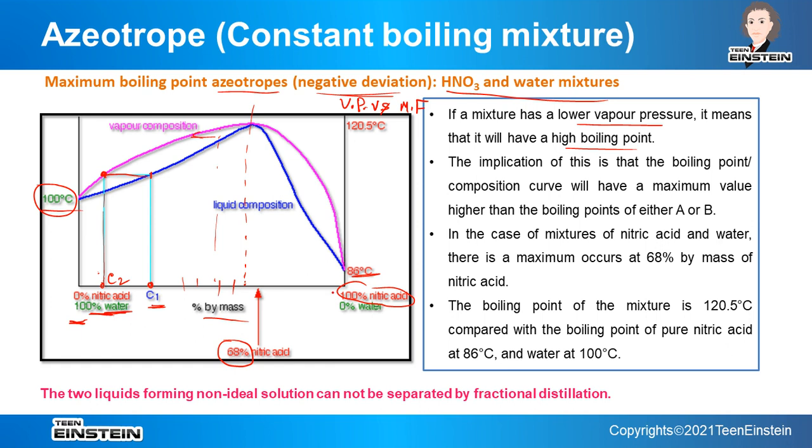Similarly, if you are moving from this side, any of these points, in the right hand side of 68% nitric acid, that means there will be 90% nitric acid, 10% water, or 95% nitric acid, 5% water.